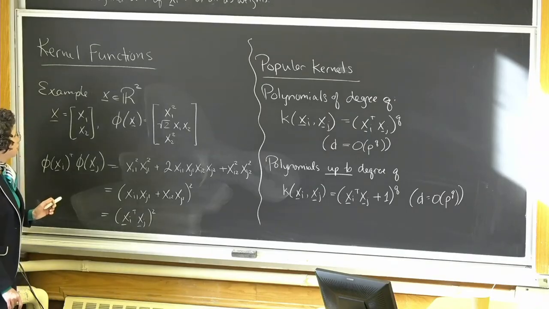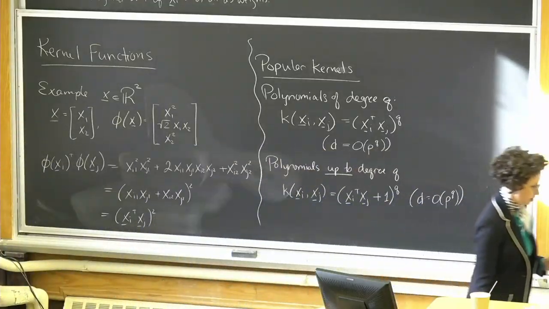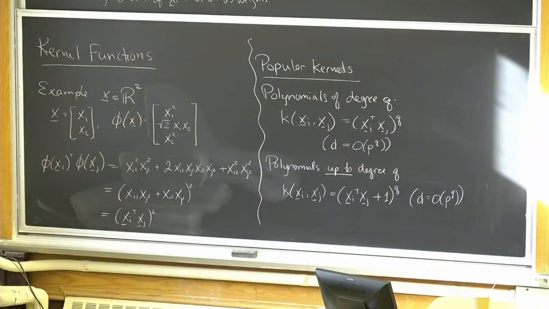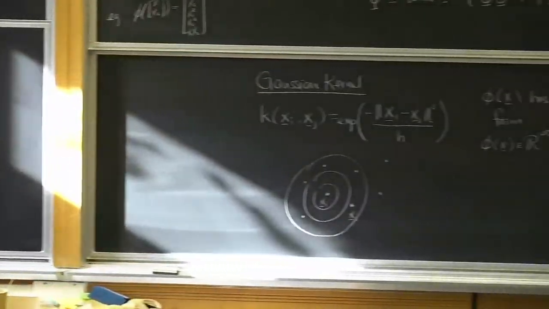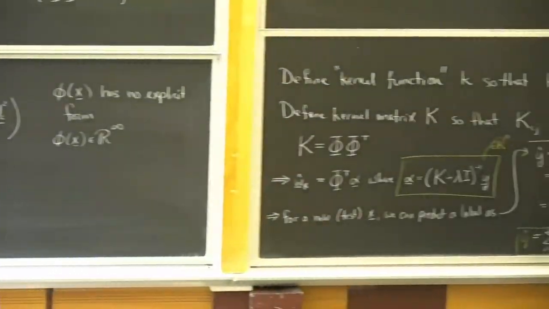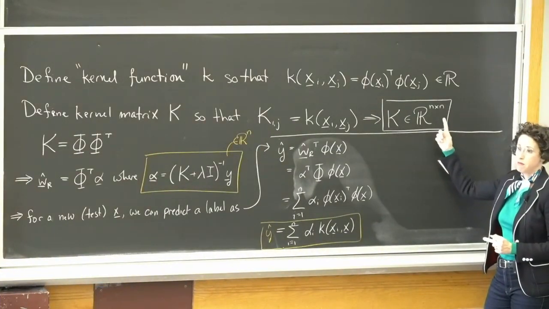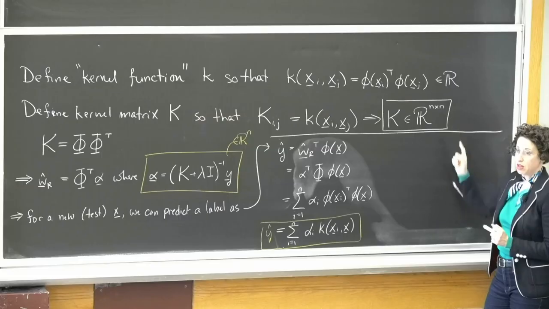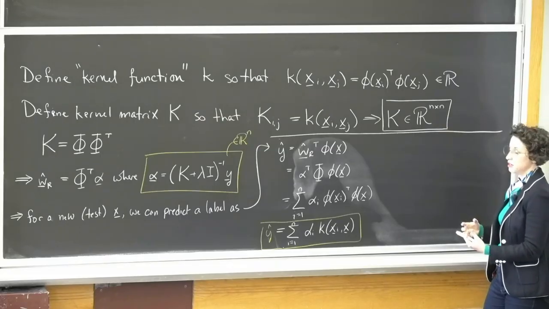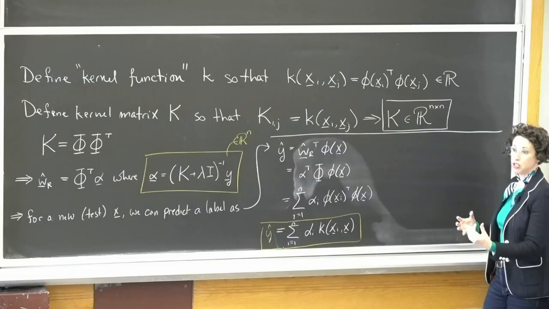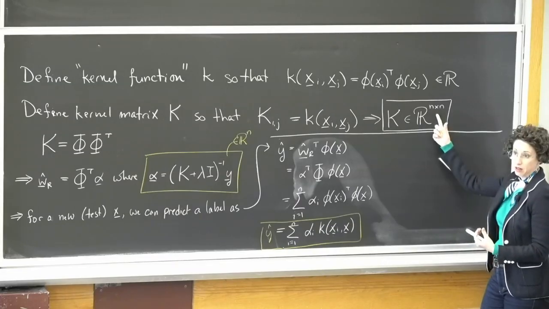So the thing to remember, which maybe I didn't emphasize as much as I could have over here, is that this kernel matrix is n by n. So we're just looking at the pairwise similarity of every pair xi and xj. So the size of K does not depend in any way on the dimension d or the dimension p. It's just n by n.